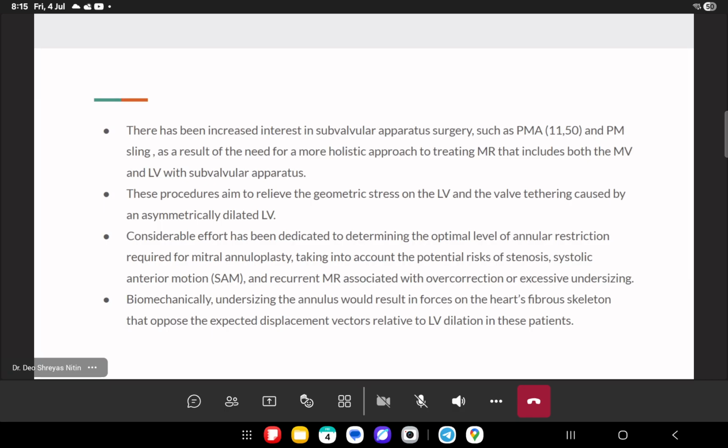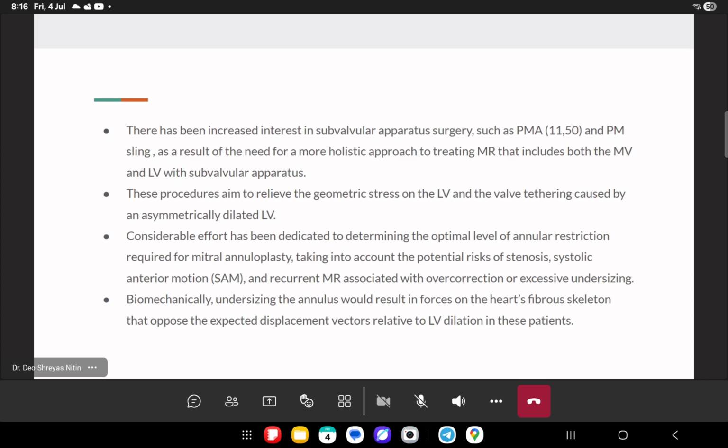These procedures aim to relieve the geometric stress on the left ventricle and the valve tethering caused by an asymmetrically dilated LV. Considerable effort has been dedicated to determining the optimal level of annular restriction required for mitral annuloplasty, taking into account the potential risk of stenosis, systolic anterior motion, and recurrent mitral regurgitation associated with overcorrection or excessive undersizing.